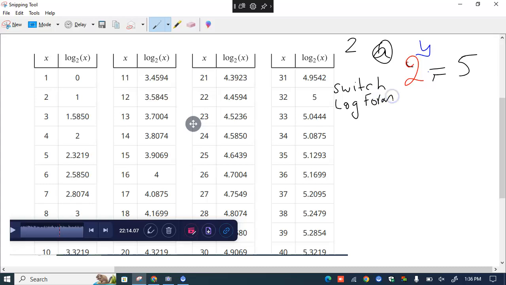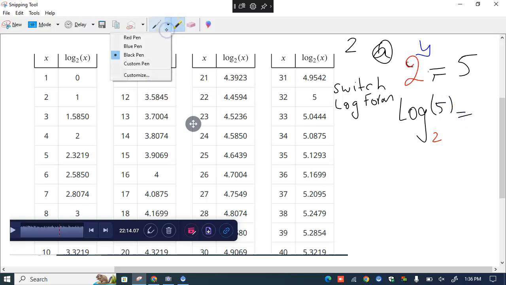Okay, so base, write down logarithm base 2 of 5, the black 5, equals the blue. See this? Both are one and the same.